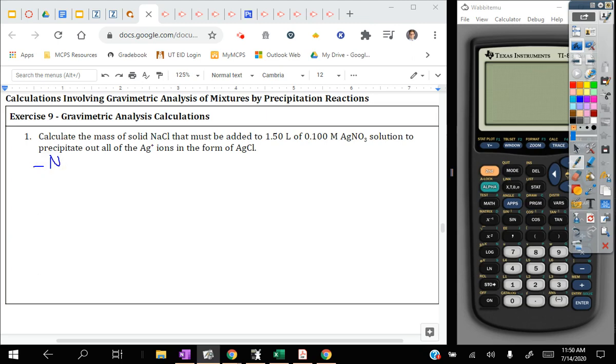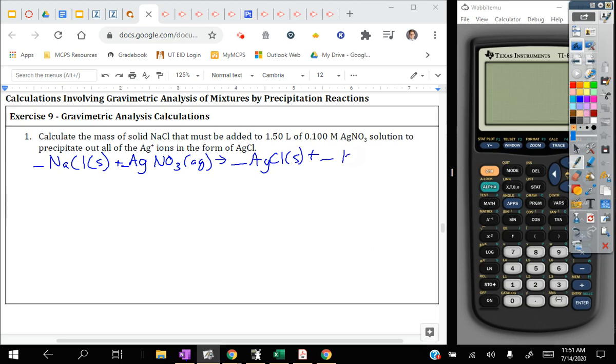So we have solid sodium chloride plus AgNO3, which is aqueous, and we're told that our precipitate that forms will be AgCl.